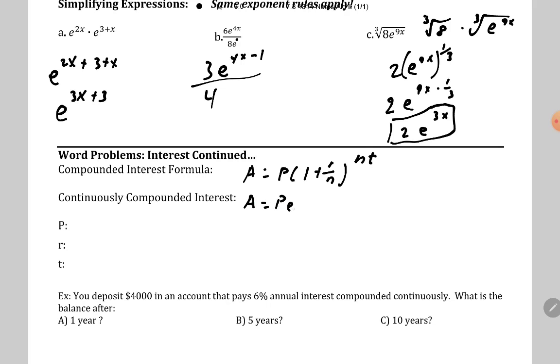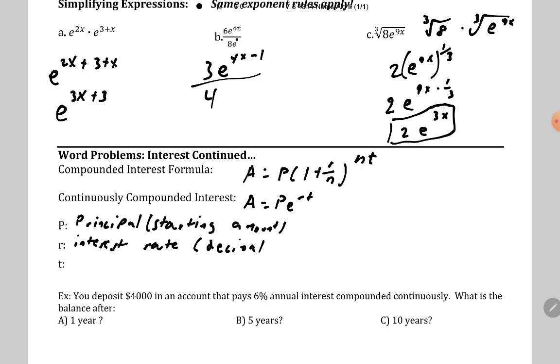The other formula is A equals P e to the rt, also known as PERT, where P is the principal, which is your starting amount, r is the interest rate, and make sure you put it in decimal, not percentage, and t is time in years.